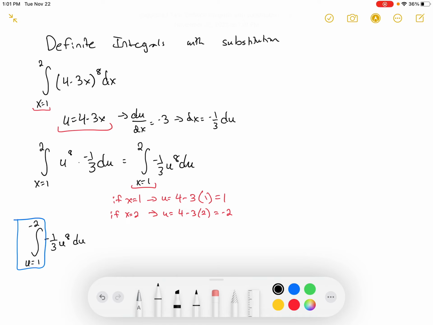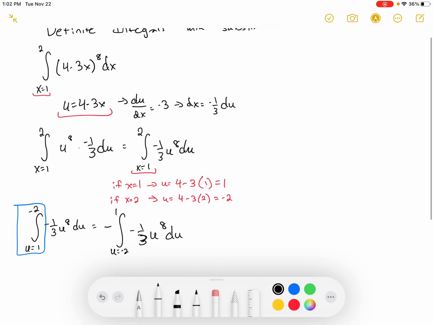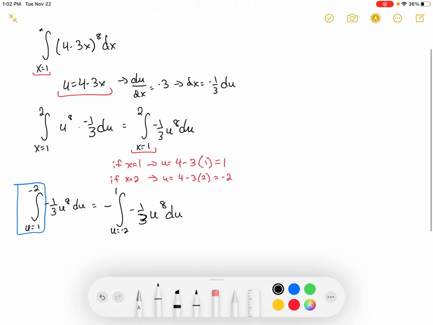This is the area under the curve from 1 to negative 2, which is going backwards. So what we always want to do when we see that is flip the limits and make it negative. So I'm going to have negative the integral from u equals negative 2 to 1 of negative 1/3 u to the 8th du. These negatives are going to cancel, and we'll see where we end up.